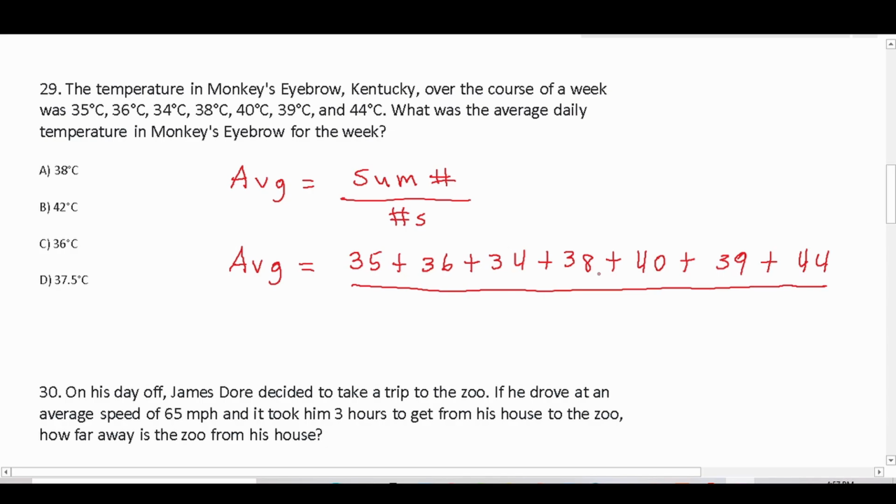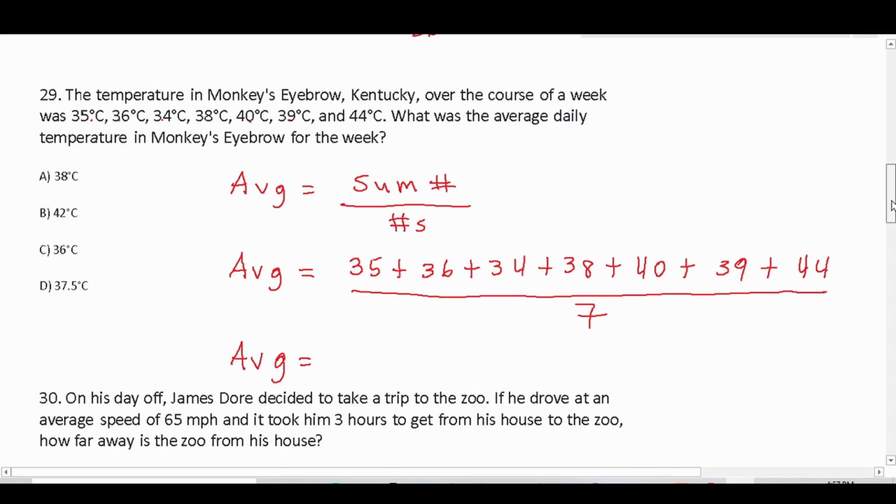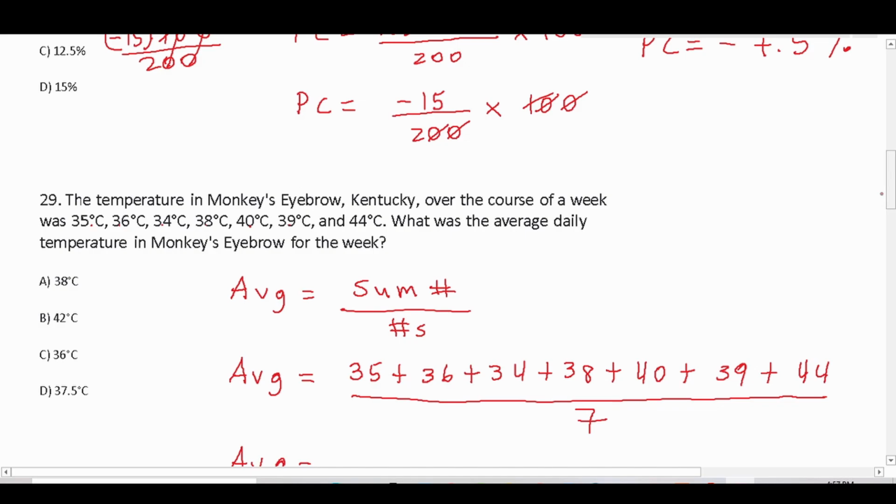And we're going to divide that by how many numbers there are to find the average. There's 1, 2, 3, 4, 5, 6, 7 numbers. This is where the tedious part starts, because now we have to find the sum of all these numbers. Rather than doing that horizontally, I'm actually going to write this vertically so as not to make any mistakes.